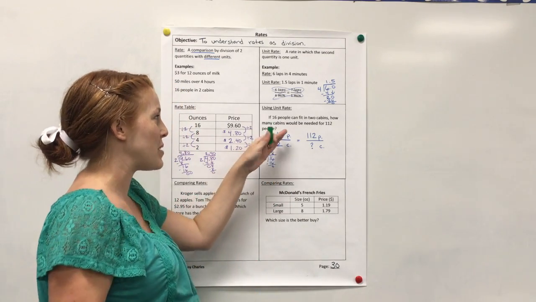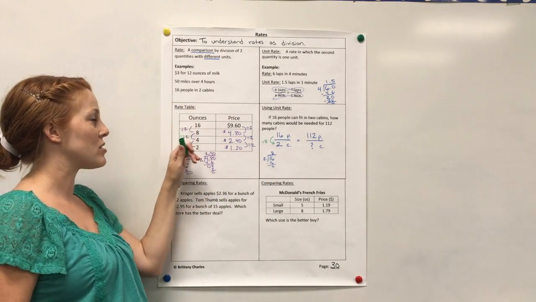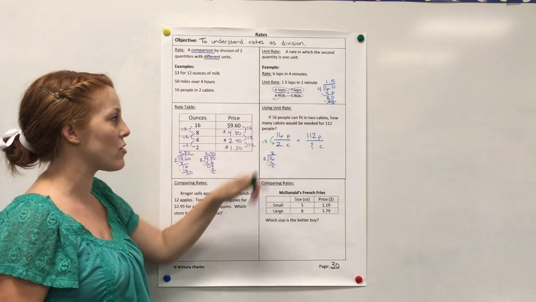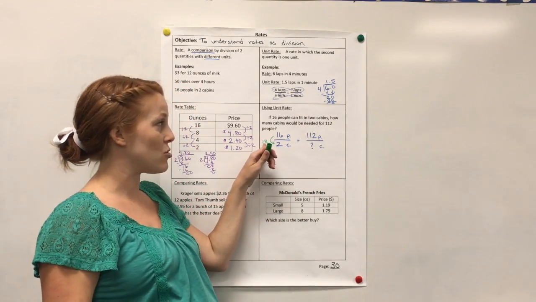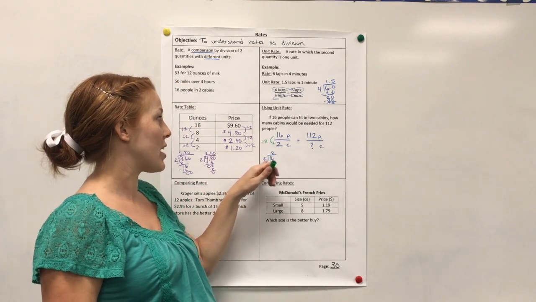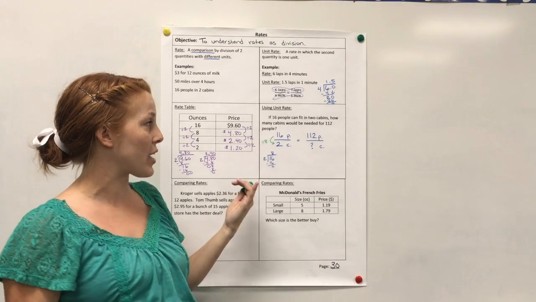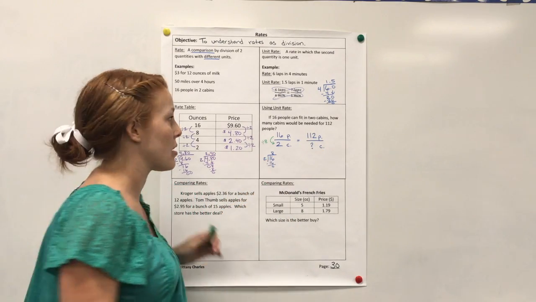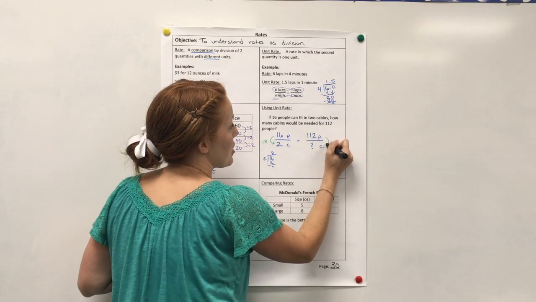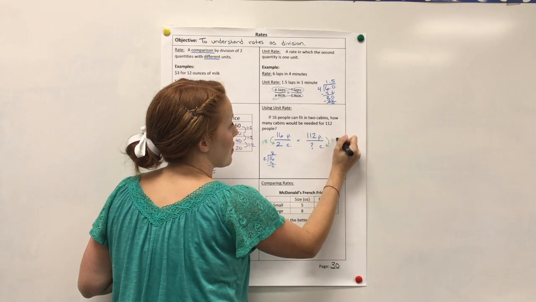Well, then I can, because just like here, I use the same principle, whatever I do to one side, I do to the other. If I want to find how many cabins this would take, I just need to do the same thing. If when I divided these, I got 8 people per cabin, then I would just divide the total people by 8 to see how many cabins that I would need. So I'm going to go from here to here, and I'm going to also divide by 8.